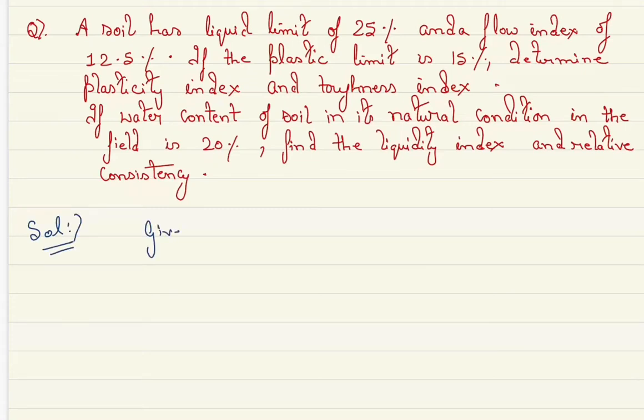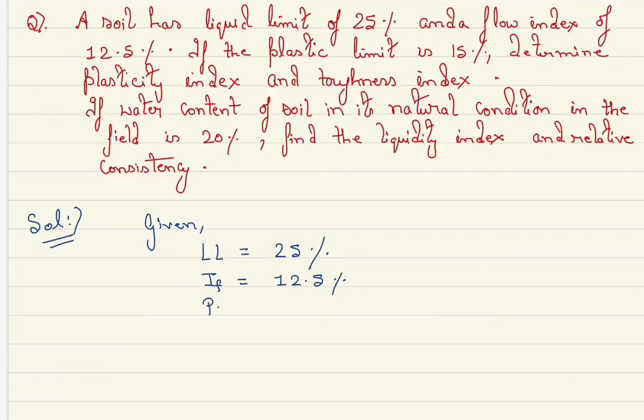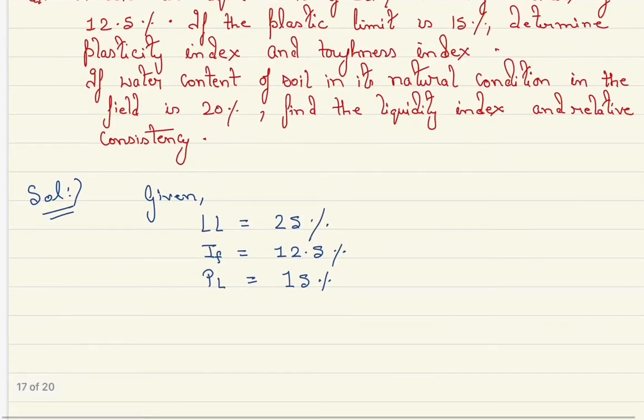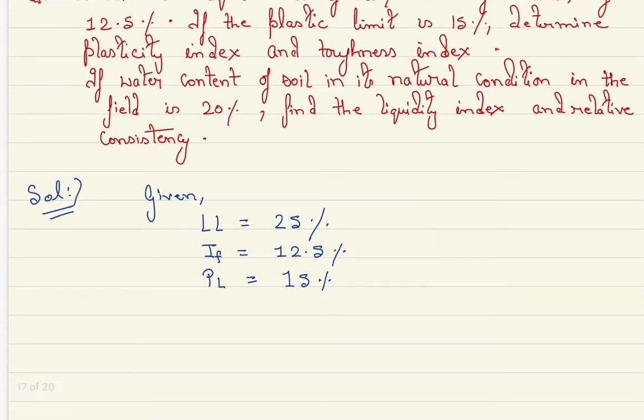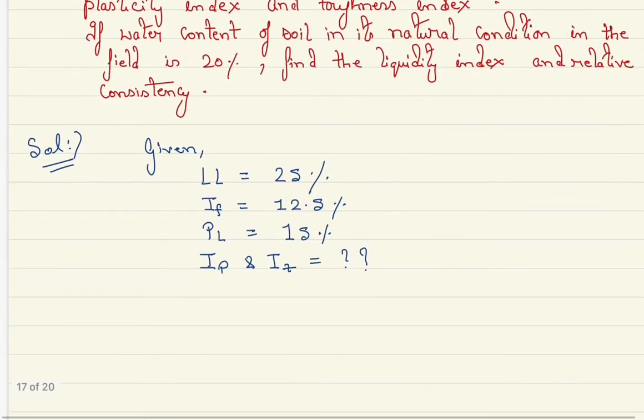First and foremost thing, given. Let us write the data which has been given to us. Liquid limit is 25%. Flow index is 12.5%. Plastic limit is 15%. Determine plasticity index and toughness index. We have to find these two.